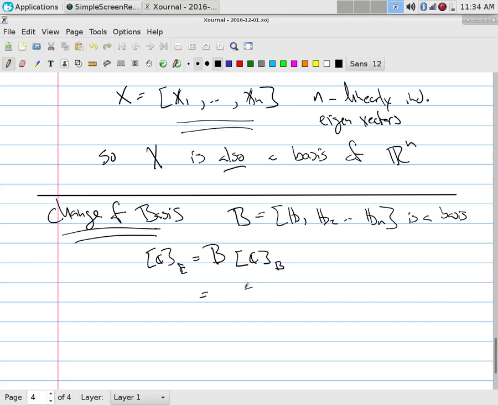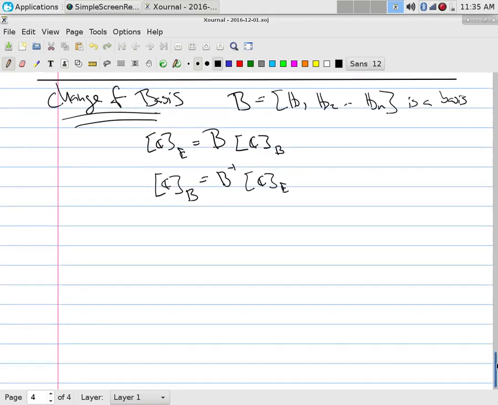What if I would take the coordinates in standard and multiply them by B inverse? It would take and spit out coordinates in B. That's the change of basis stuff. You multiply by a basis matrix, it'll take the basis coordinates and spit out standard. If you multiply by the inverse, it takes standard and spits out basis B.